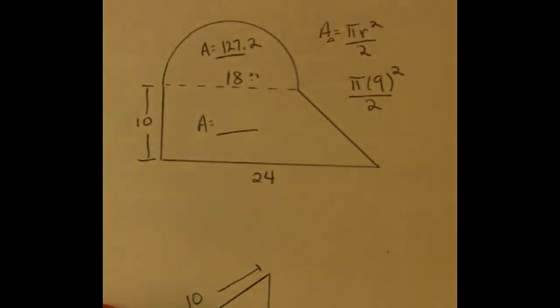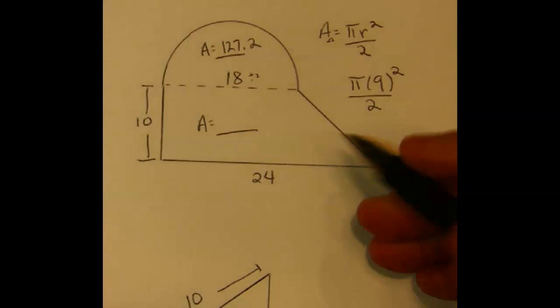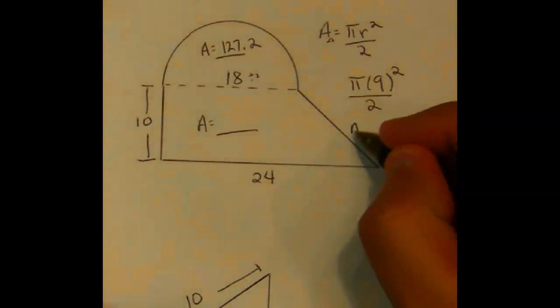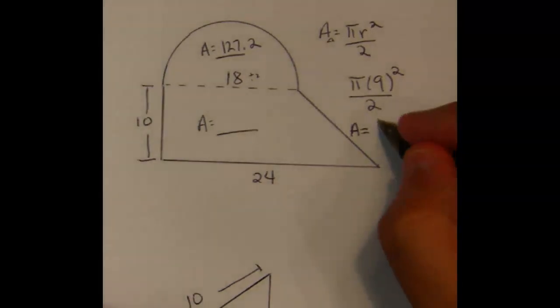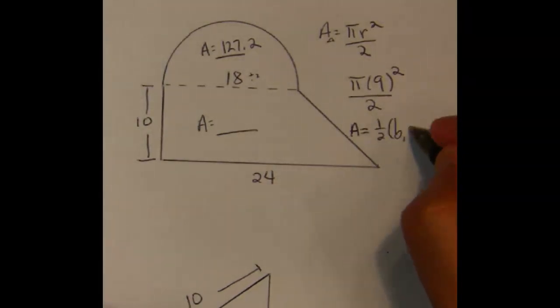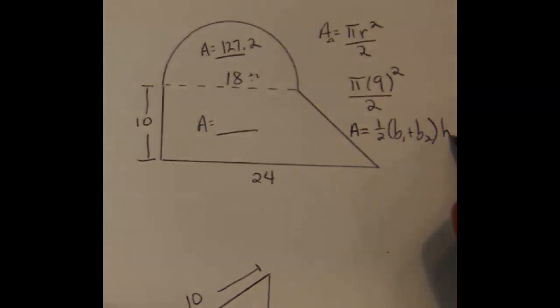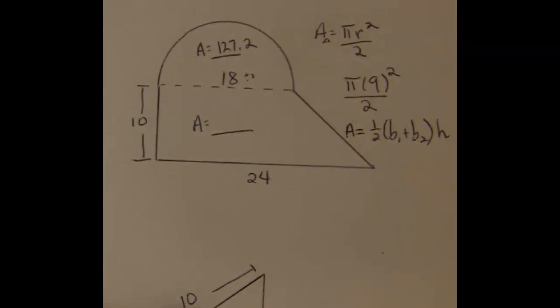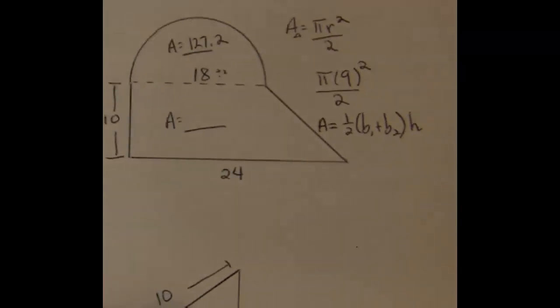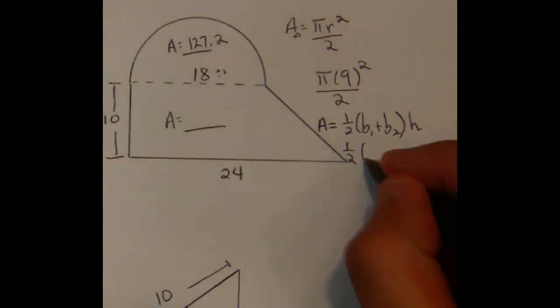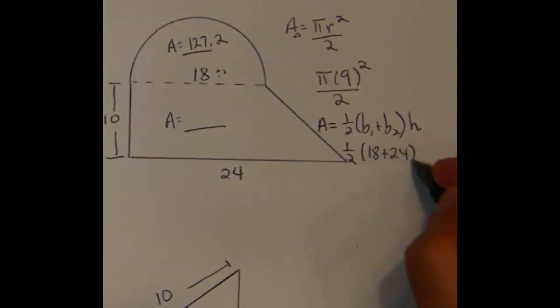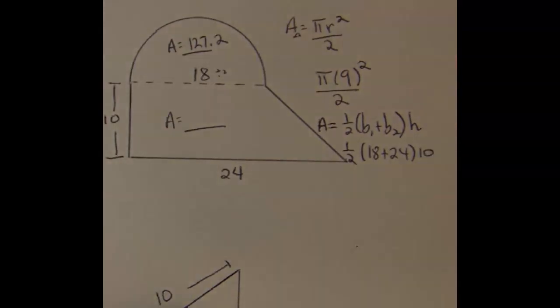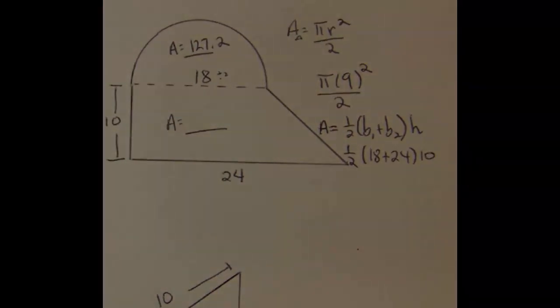So 127.2 is the area of the semicircle. Now, let's find the area of the trapezoid. Thinking back from our area 1 lesson, the area of a trapezoid is 1/2 times b1 plus b2 times the height. So that gives us 1/2, b1 is 18, plus b2, 24, times the height of 10. 18 plus 24 gives you 42.